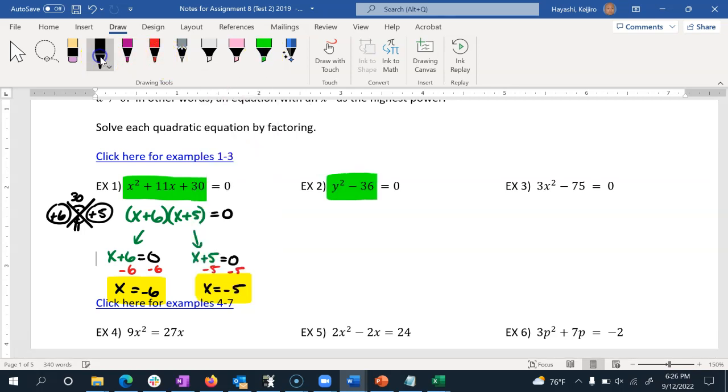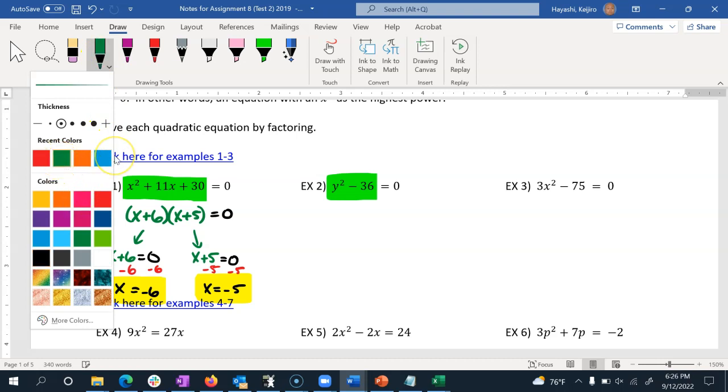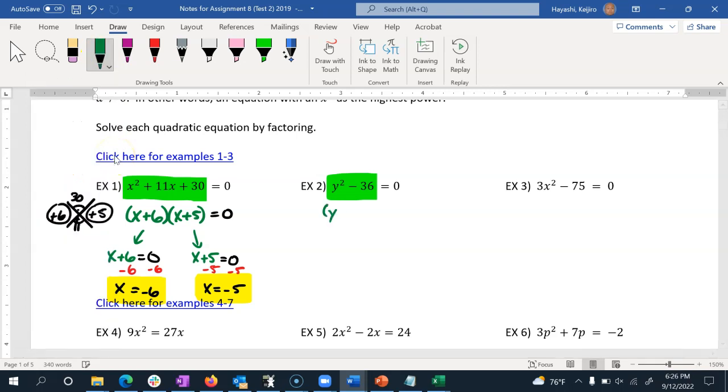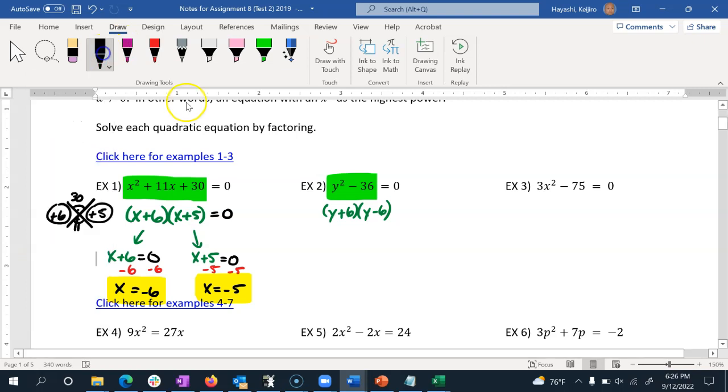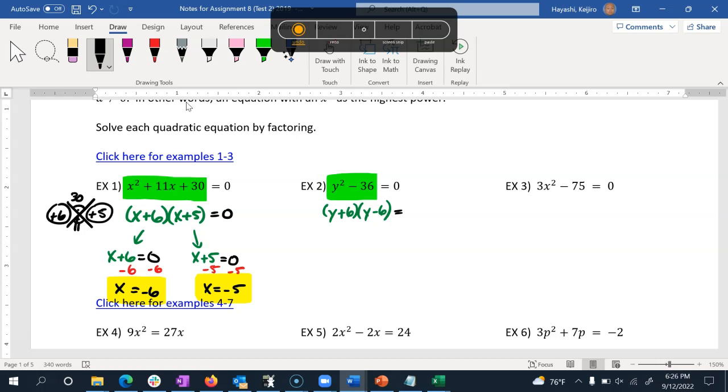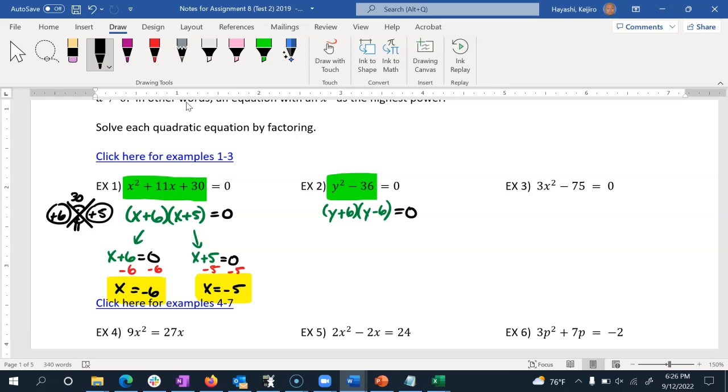Yeah, it's a difference of 2 squares, so it's going to factor into y plus 6 and y minus 6. And it's still going to equal 0, right? Because you're not actually adding or subtracting or multiplying or dividing anything to the equation. You're just changing the way that the left-hand side is written.